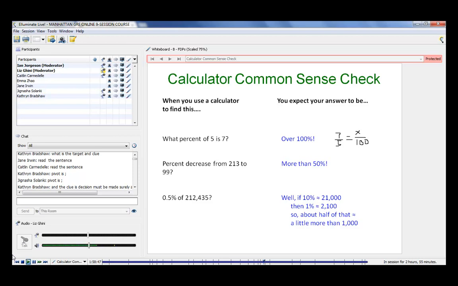All right, now think about it. 0.5%, that's half of 1%. 1% is going to be about 2,100. Okay, you just move the decimal point. I love these loops. All right, so 1%.